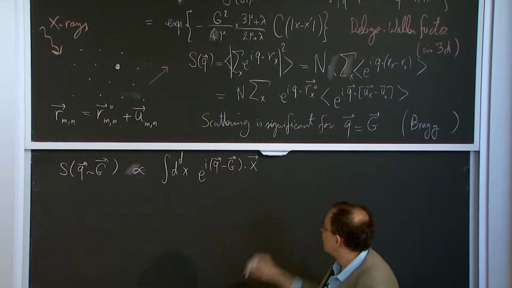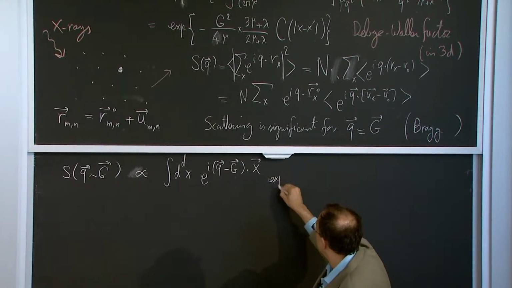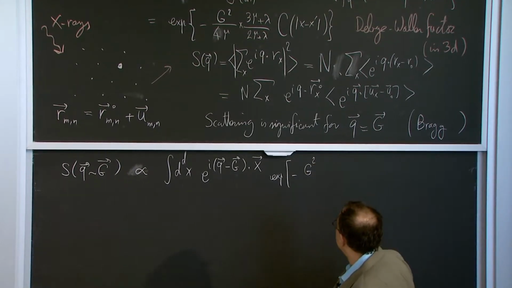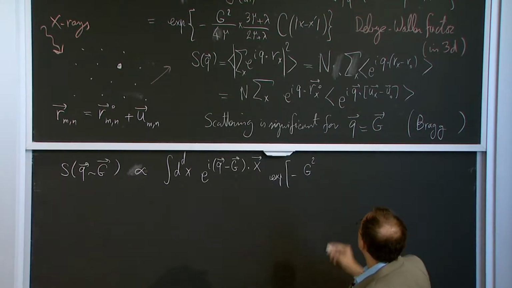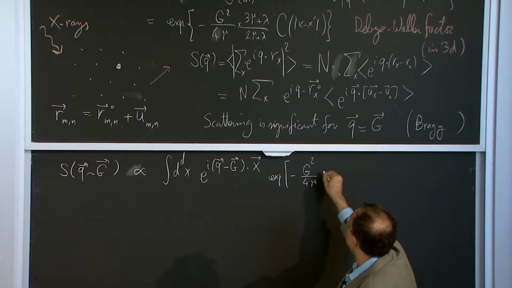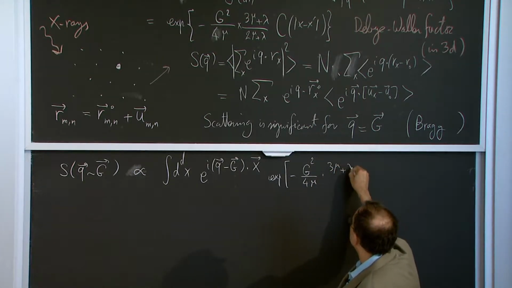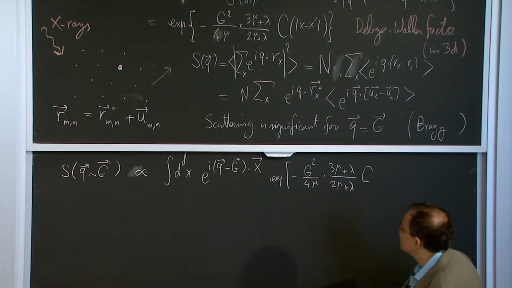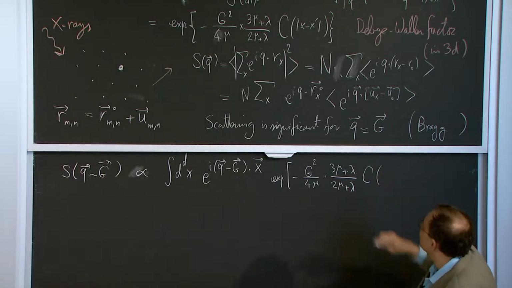Right? So I will get exponential of minus G squared over 4 mu, 3 mu plus lambda, 2 mu plus lambda, the Coulomb interaction as a function of x.